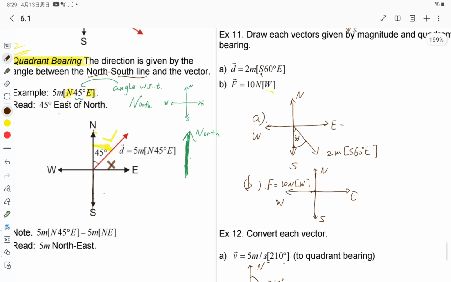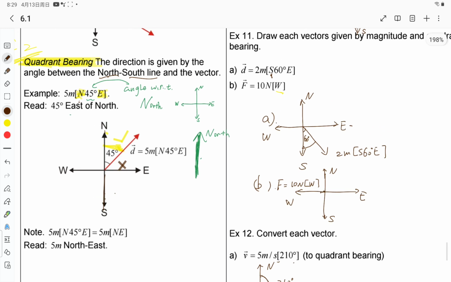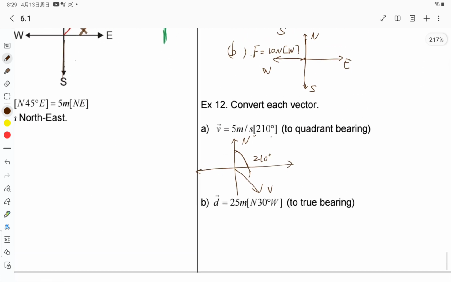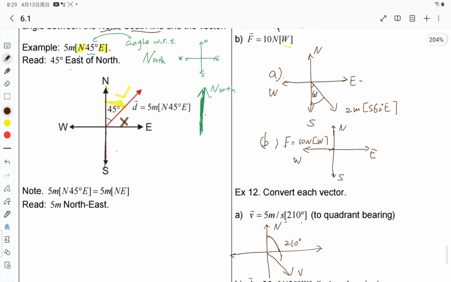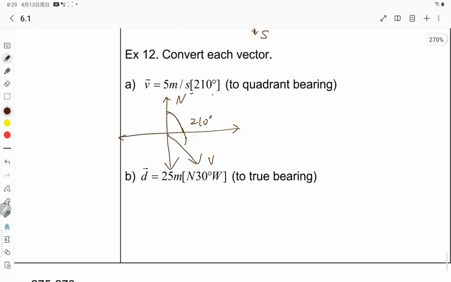Because by definition, the quadrant bearing is the direction given by the angle between the north-south line and the vector. So this actually can be written in one way. Well, you can try on your own, right? You can definitely try on your own.